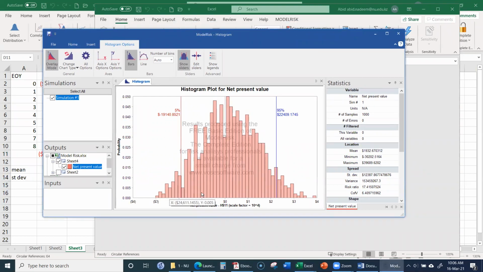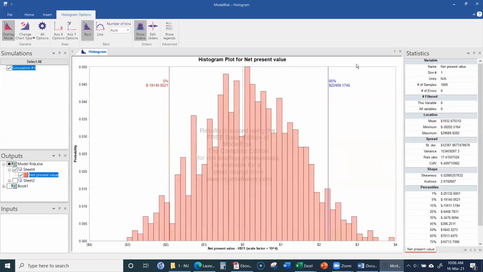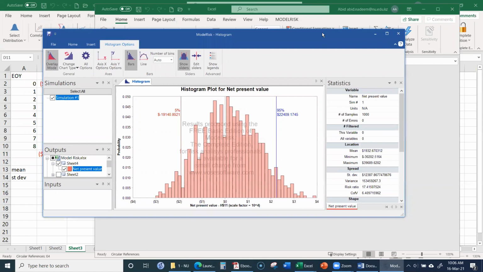It will show you a histogram for the plot, and then some data and statistics on the right hand side. So let's see this histogram first. This histogram shows you the distribution of the net present values. Remember that our output function was this.